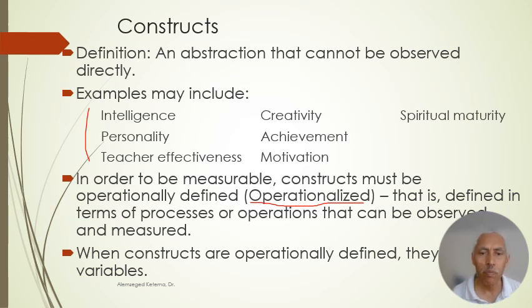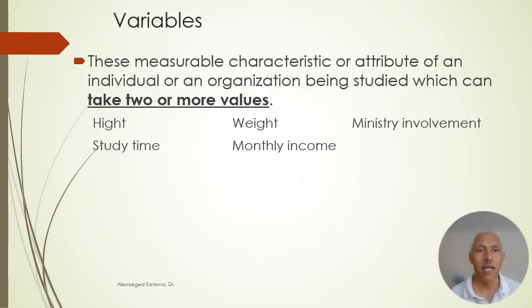When constructs are operationally defined, they become variables. Okay, and so variables are a measurable characteristic or attribute of an individual or an organization that is being studied, which can be measured, and therefore they can take two or more values. Let me say, for example, height, study time.